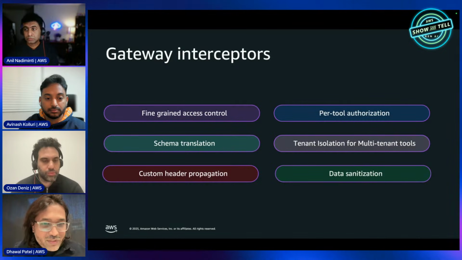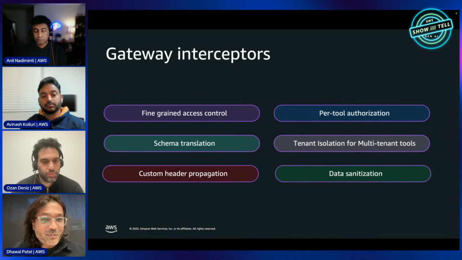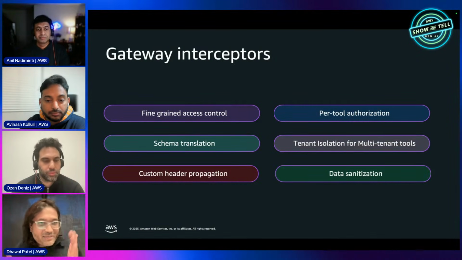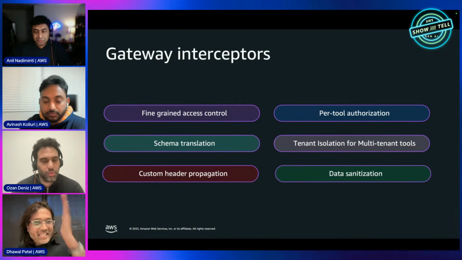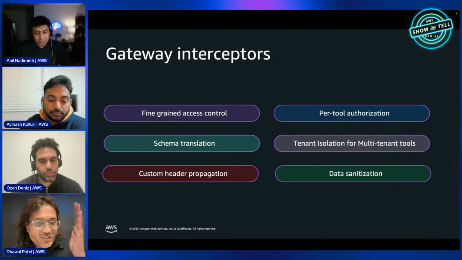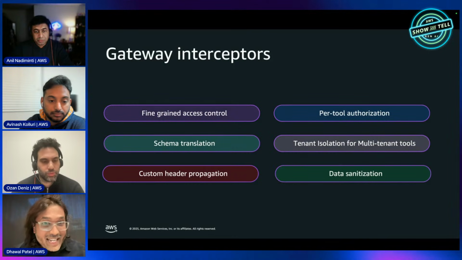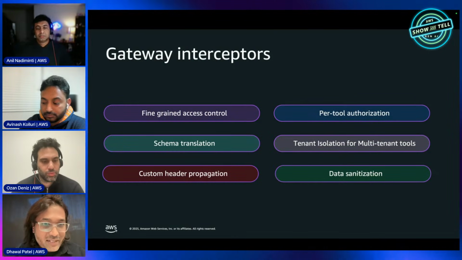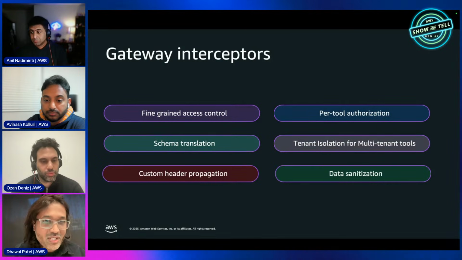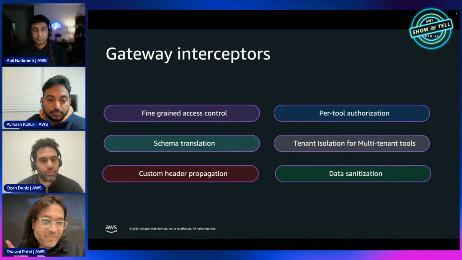One of the principles for a scalable architecture is to build a decoupled architecture so that you can easily change the downstream systems while your agents keep working and solving user queries. So schema translation is a very important factor for building decoupled, loosely coupled systems in agentic AI. You can do that with Gateway Interceptors now.